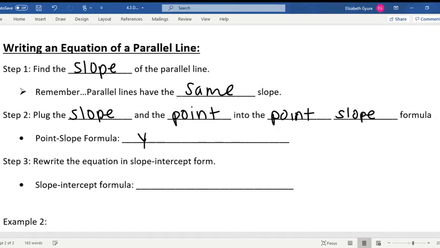So remember, that's when you do y minus y1 equals m times x minus x1. Then you're going to rewrite the equation in slope-intercept form. That's when you're going to distribute and add that one term over to turn it into a y equals mx plus b equation. I'll pause for a second.